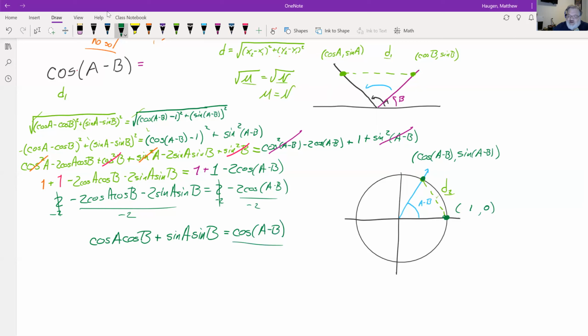We wanted an expression for cosine of A minus B. What can we do to open up cosine of A minus B? And this is that relationship.